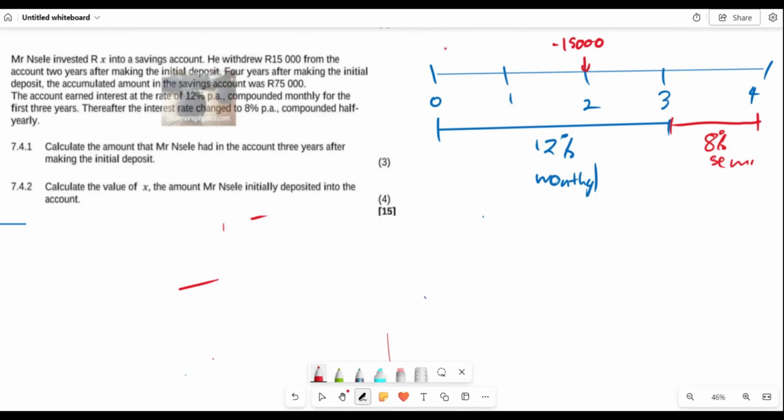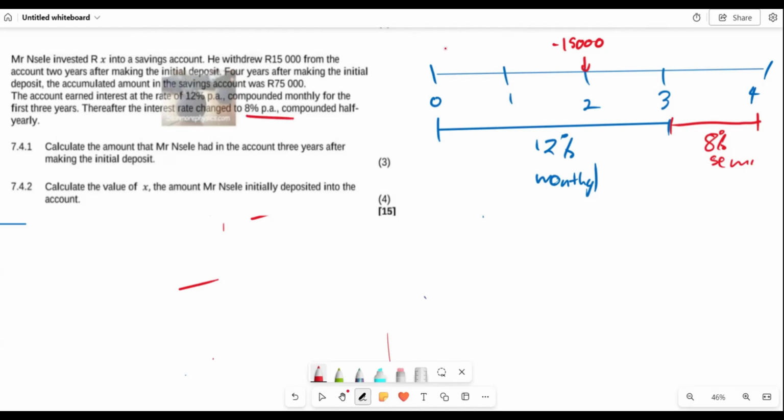What is important here is that this particular 15,000 will also take up the interest it was meant to earn, right? They say thereafter the interest rate changed to 8%.